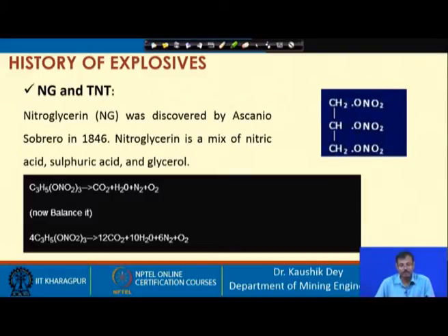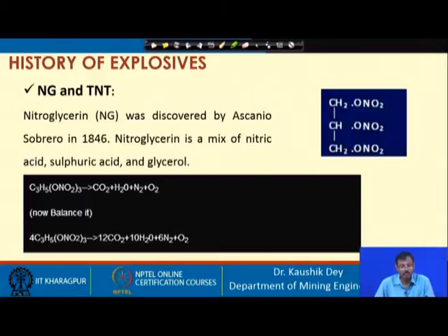That means if someone has a test tube full of liquid nitroglycerin and drops that test tube from the hand onto the table or the floor, all the persons standing nearby may die in that explosion. It is such a devastating explosive.